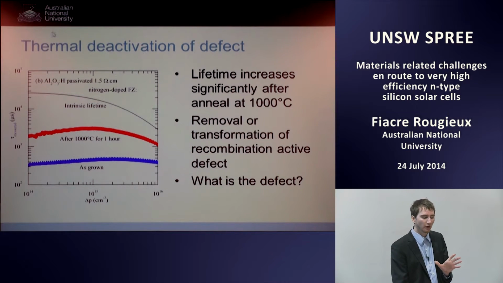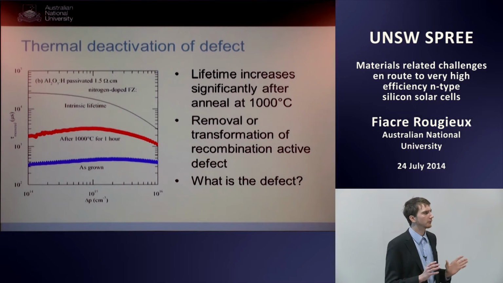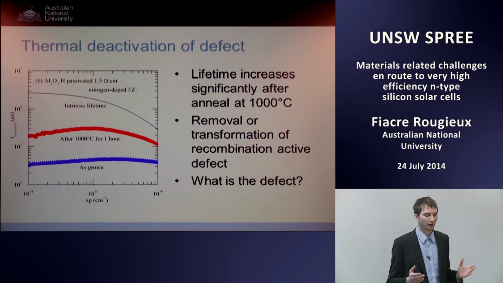Note that we are still far off from the intrinsic lifetime. So this is Rougieux plus band-to-band on top. So we still have some defects here, but we can improve the lifetime. So it seems that we are doing something to this defect when we are annealing it. We are either transforming the defect or removing it.